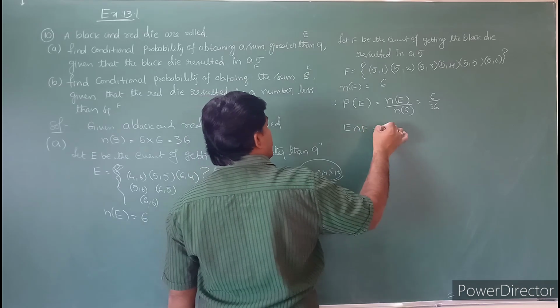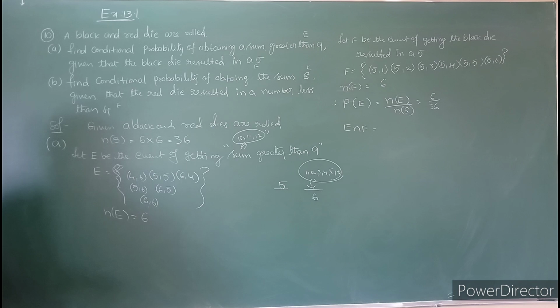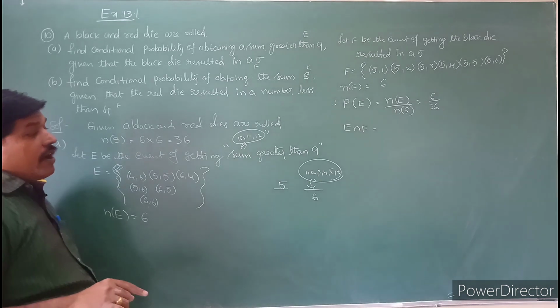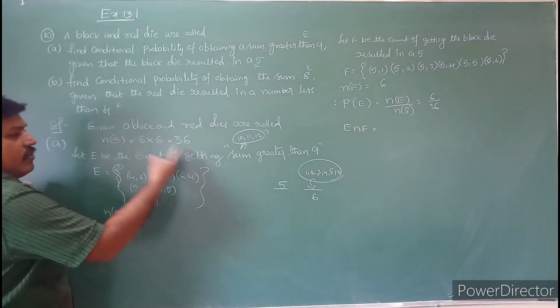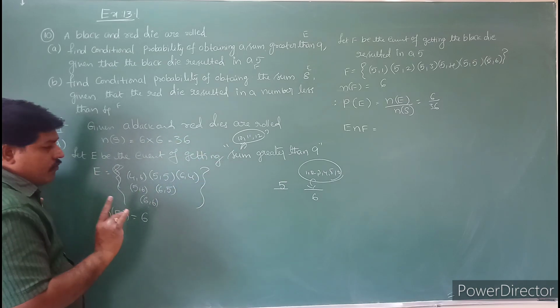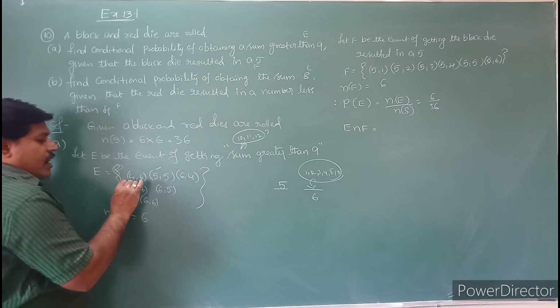So what is E intersection F? First, you have to get a 5 on the first die, and the sum has to be more than 9. So all these values are greater than 9. The first die shows the 5. So here 5 comma 5 is there and here 5 comma 6 is there.